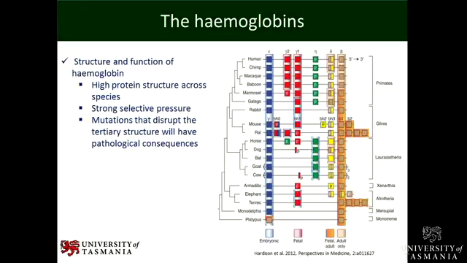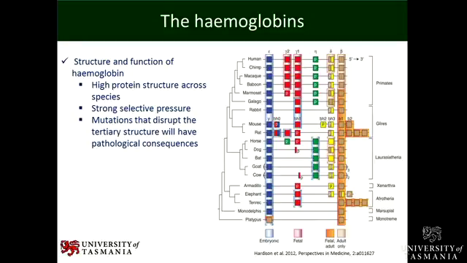Now, another thing to really understanding why mutations can cause disease is understanding conservation of proteins across species and across evolution. And this is one thing that's really important to understand about this whole concept of selective pressure. If you look here, you've got primates and so on.